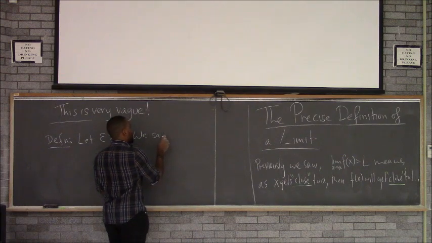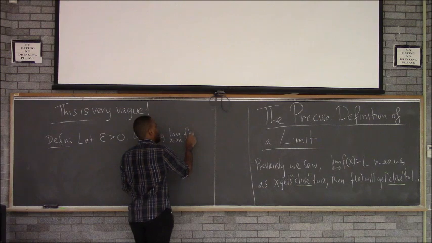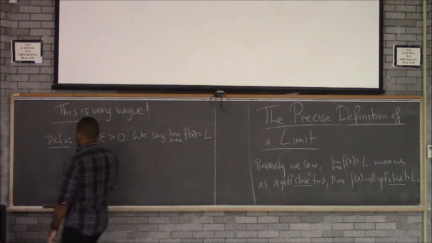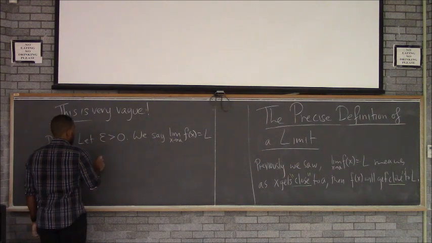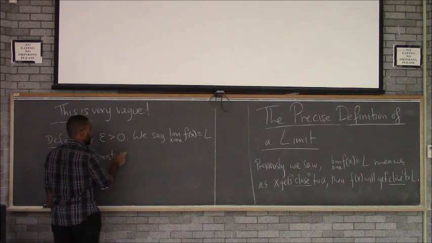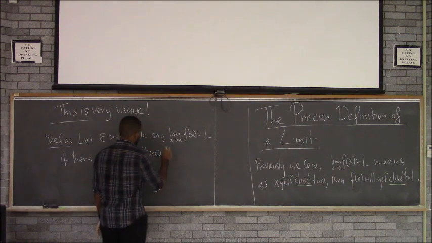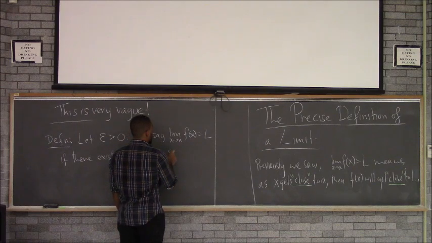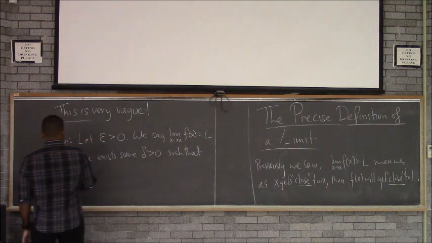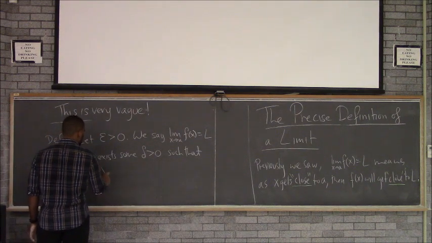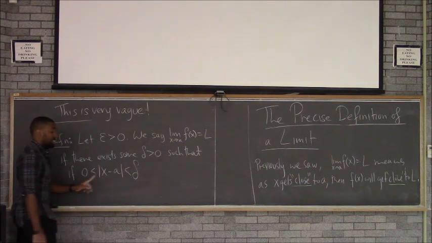We say the limit as x approaches a of f of x equals L if there exists some delta greater than 0, just another lowercase Greek letter, such that if the distance between your x and your a is less than delta, potentially they're not the same.